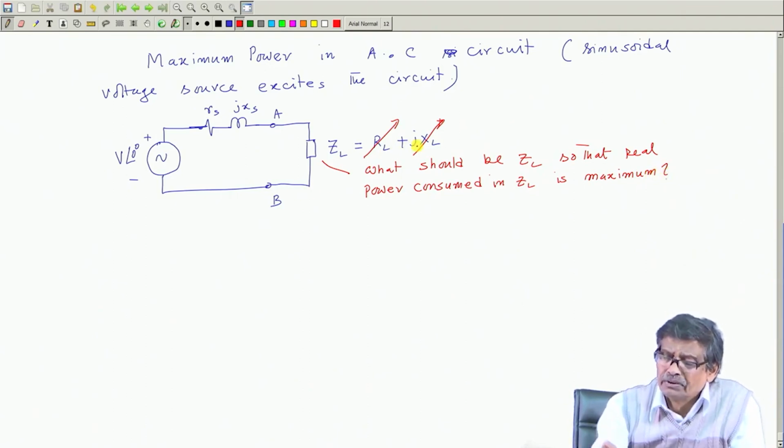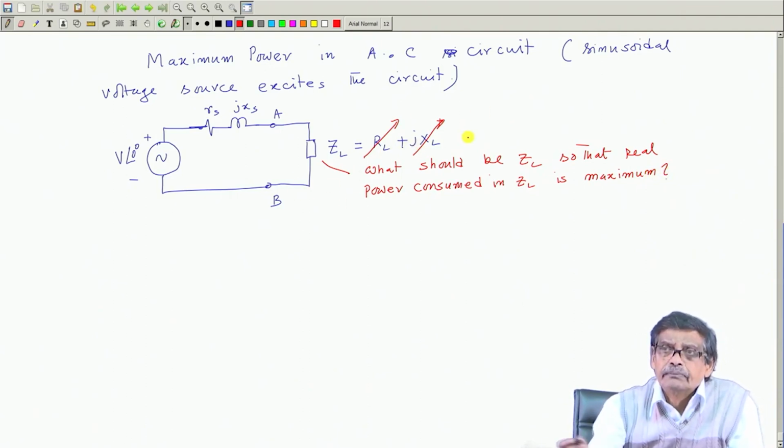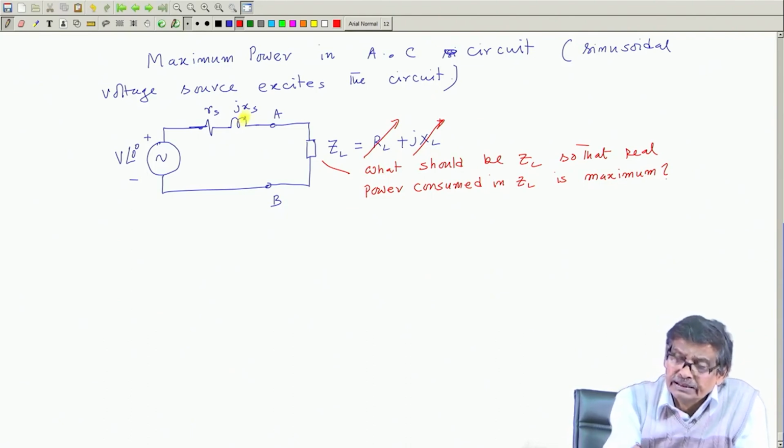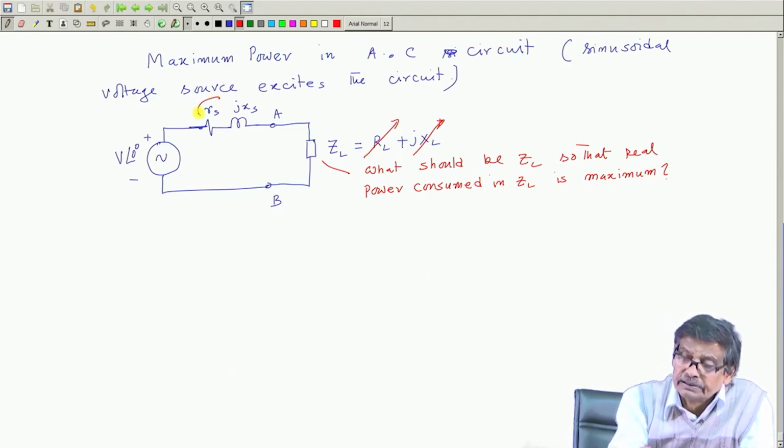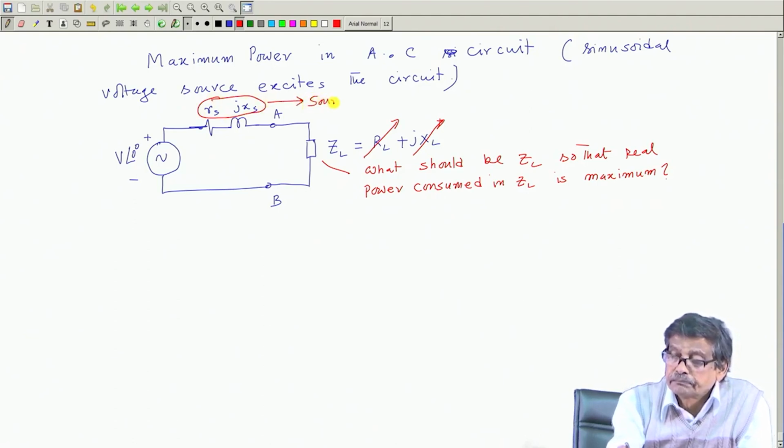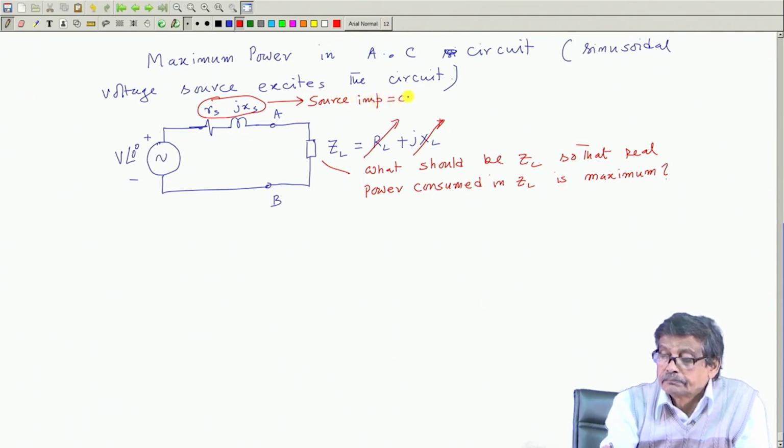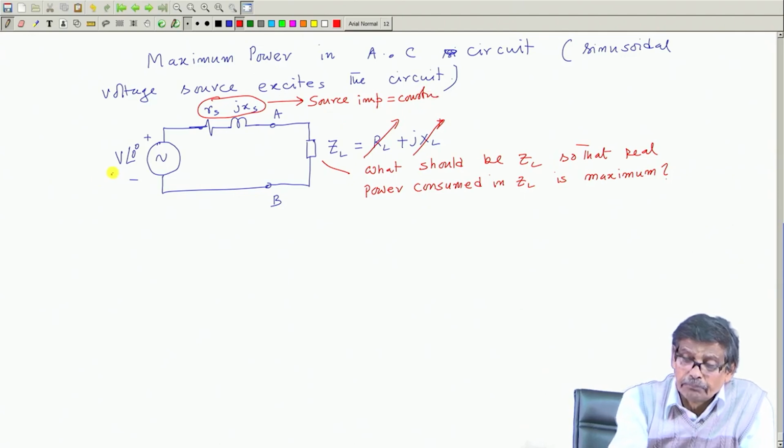RL, XL you arbitrarily connect, you vary them. This is the source impedance, constant. This is the supply voltage, constant.